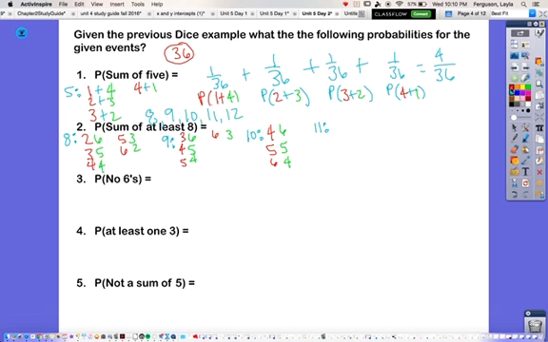To get 11, I can't do 1 and 10, I can't do 2 and 9, I can't do 3 and 8. I can't do 4 and 7. I can do 6 and then 5. Or I could do 5 and then 6.